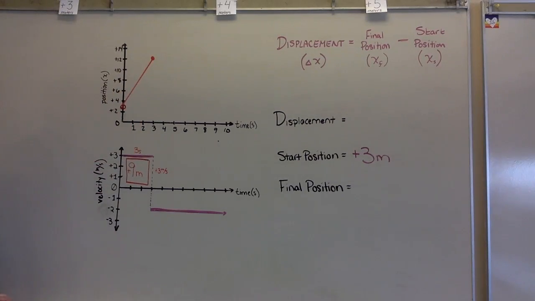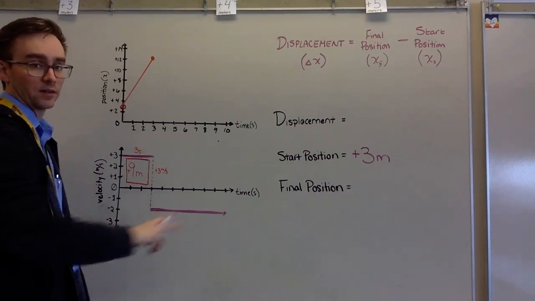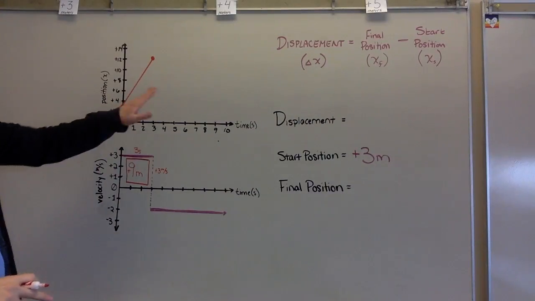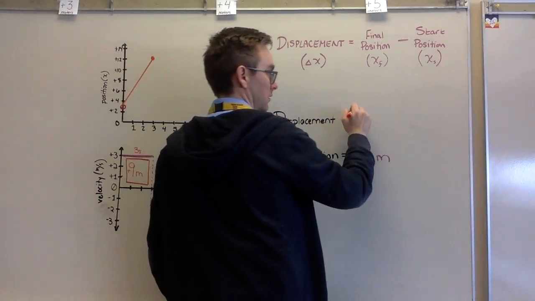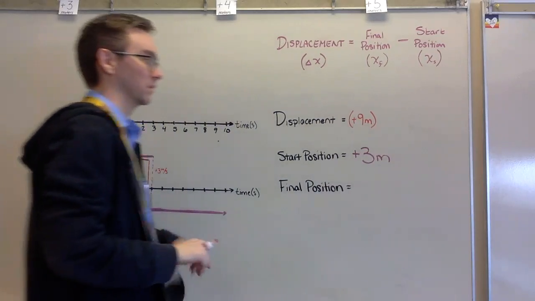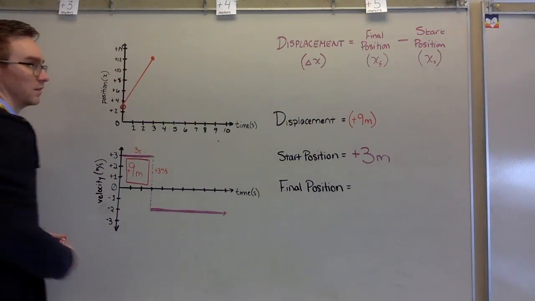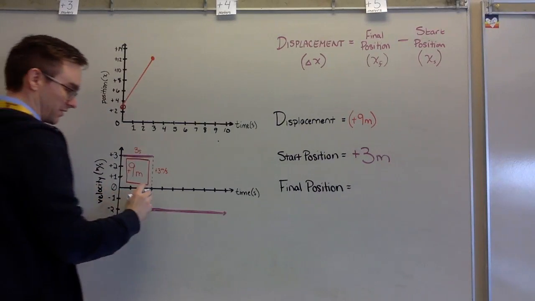That's my displacement, but that's my displacement just for that section. We got a whole 10 seconds here, all right? So for my total displacement, the first part I did was a positive 9 meters. But now we have a second part here. I have another box here.